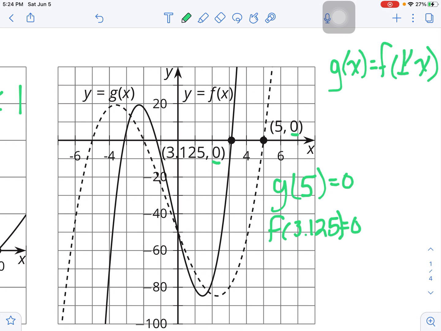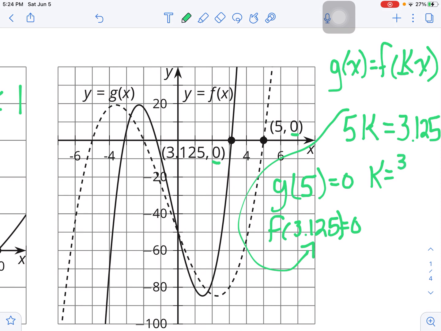So this k, when I put 5 in for x, I need to multiply that by some constant k so that I get 3.125, because then that will give me the 0 output for f. So my scale factor is 3.125 divided by 5.